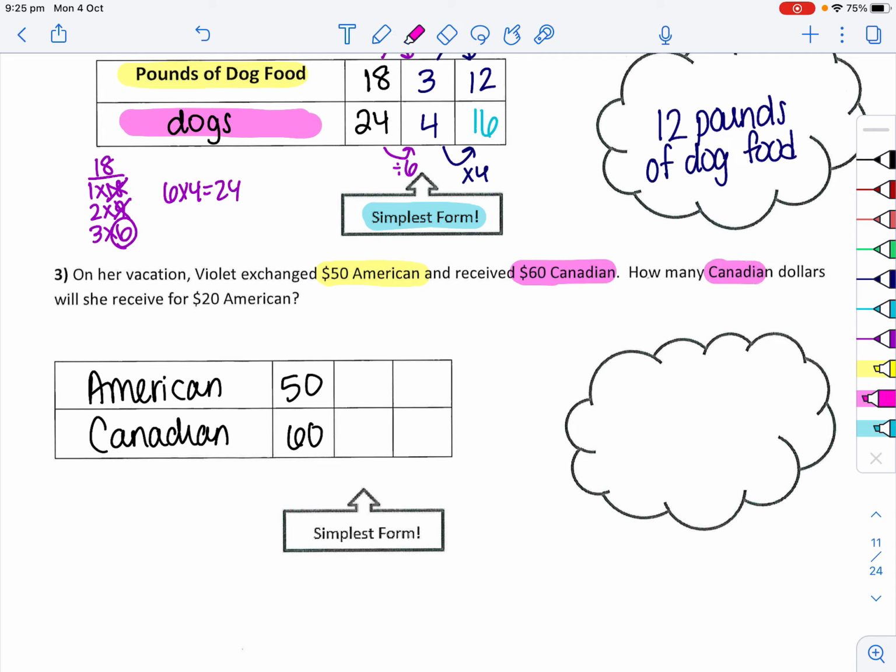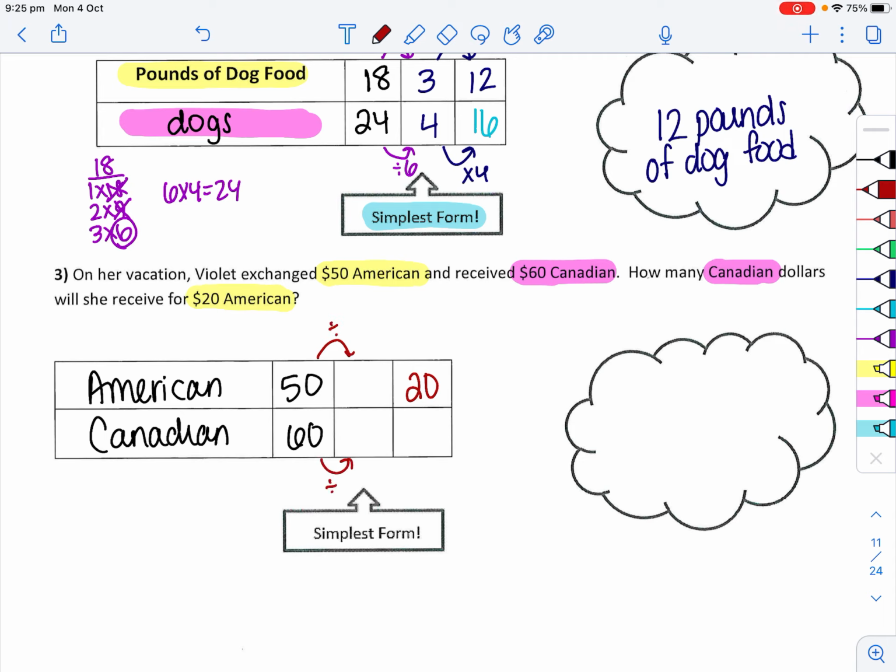How many Canadian dollars will she receive for 20 American dollars? And again, if I look at these values, 50 and 20, I can't go straight from 50 to 20. So I'm going to put 20 at the end, knowing that I have to divide in the middle and then multiply to get the end.